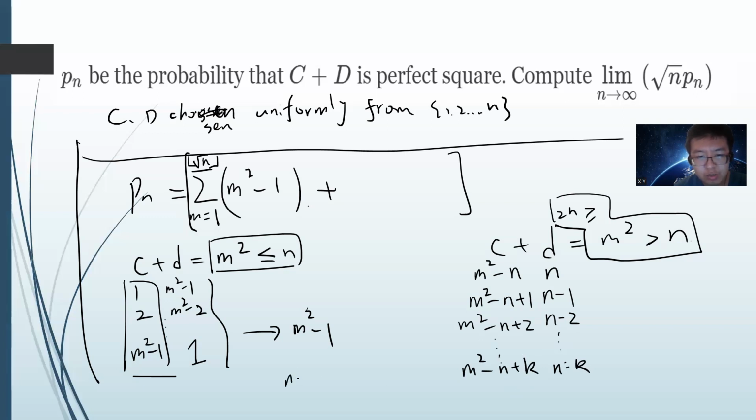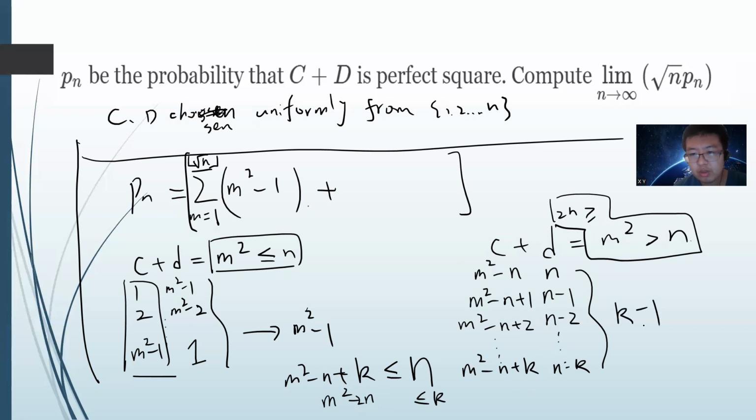Your condition is that m squared minus n plus k is less than or equal to n, so k is at most 2n minus m squared.